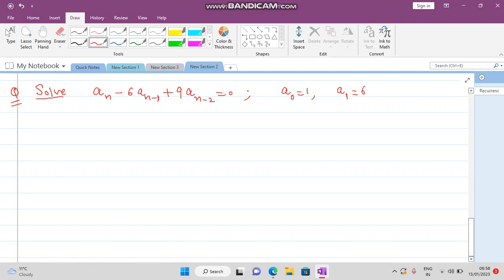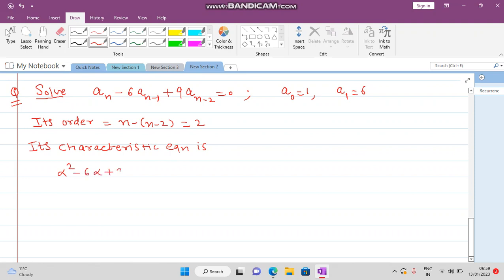Okay. So what is its order? Its order is n minus (n minus 2), which is 2. So its characteristic equation is alpha square minus 6 alpha plus 9 equal to 0. It is alpha square minus 3 alpha minus 3 alpha plus 9 equal to 0.